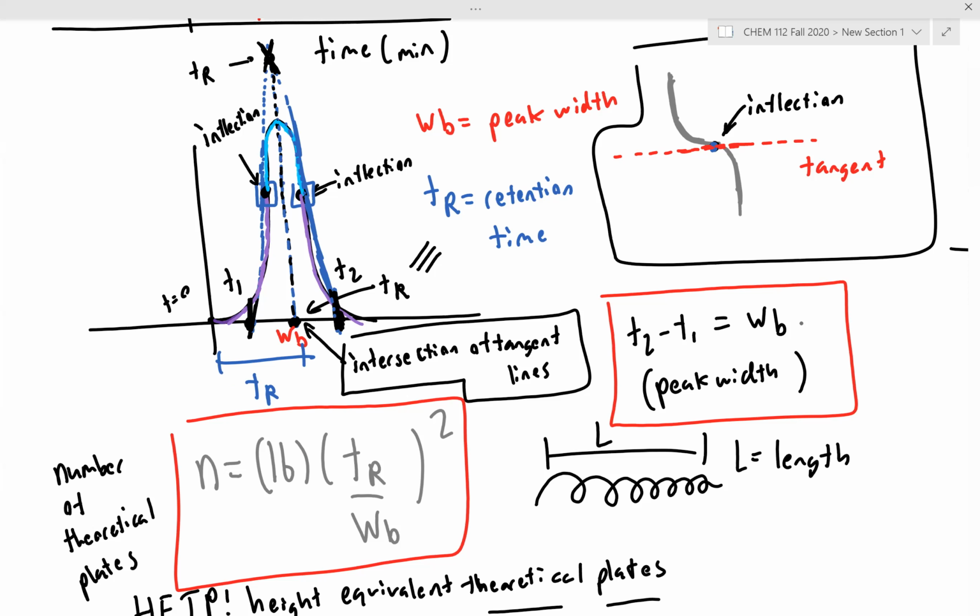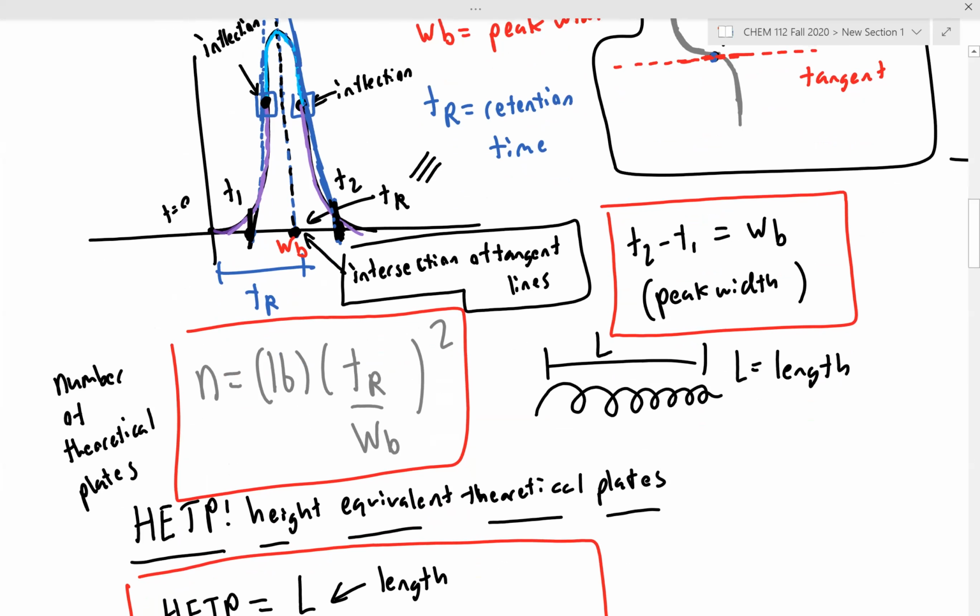We can estimate how efficiently our column is able to separate our compounds under the given column conditions. And the following relationship has been derived between the number of theoretical plates and the retention time and peak width.